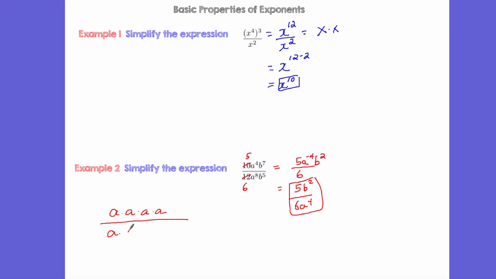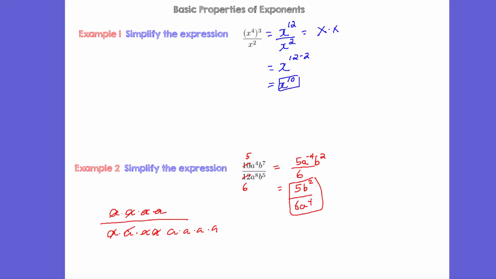So the first 4 just cancel out, right? There's the first 4 of the 8, right? So these are all gone. These all become 1, and there'd be 4 left in the denominator. That's the idea there. That's why the a to the 4th is in the denominator. There's just more a's going to be in the denominator. So that's our second example.